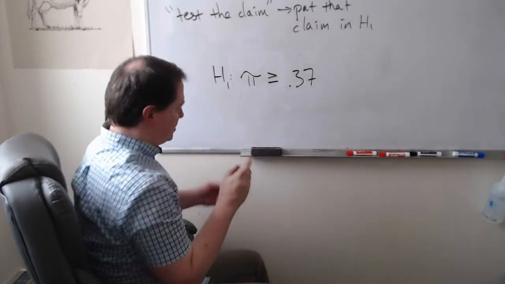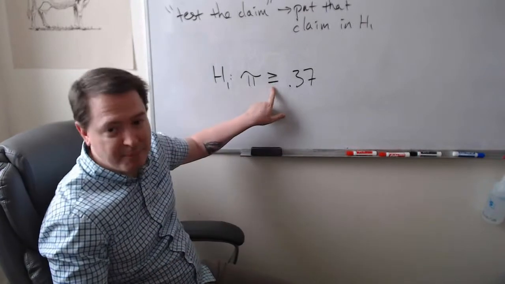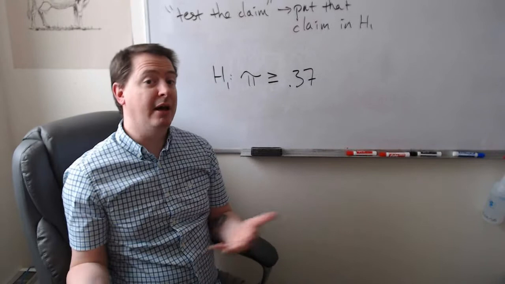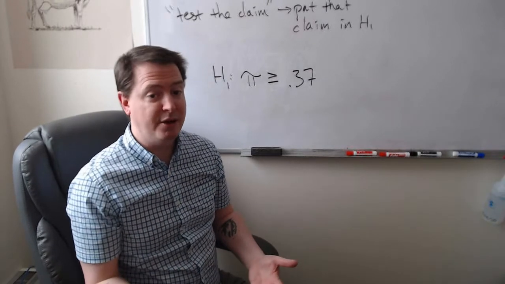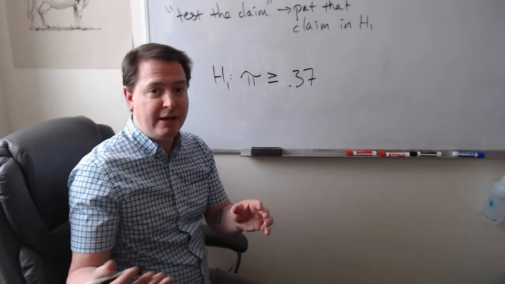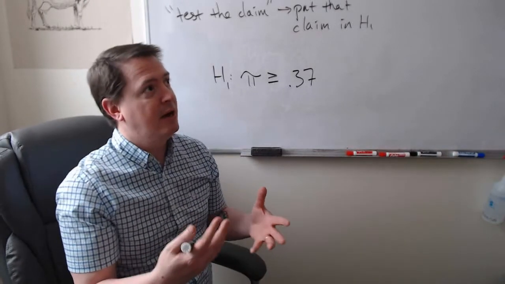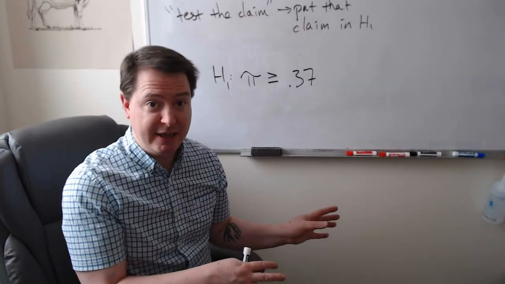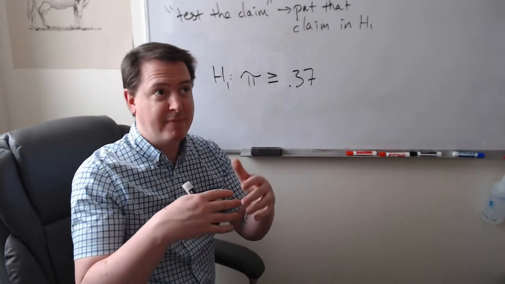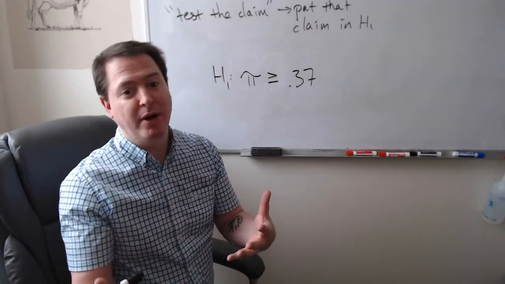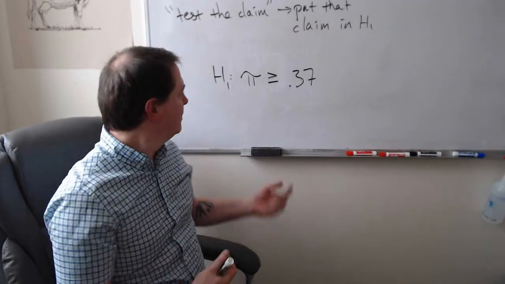Now there's a little issue here. I'm not allowed to use this symbol. I can use a greater than symbol, a less than symbol, or a doesn't equal. Well, if you remember, what we're actually going to do here, like what I did with the lengths of pregnancy example, was to find a probability and then see how unusual my data was using that probability.